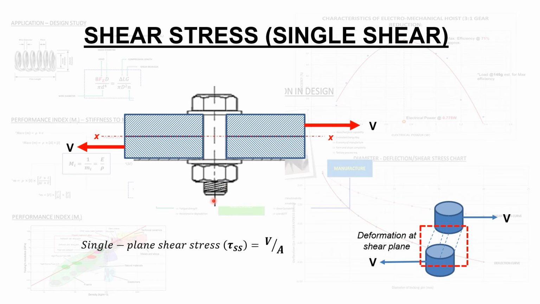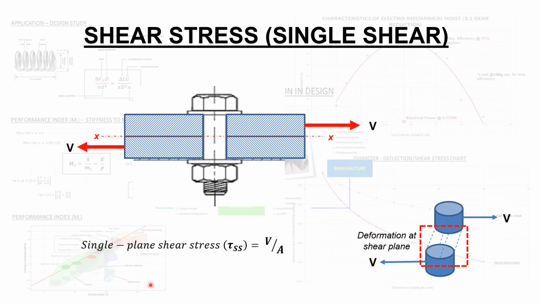So in the given diagram, we have a bolt which is clamping two plates of material together. The interface of the two plates creates a single axis of shear, and this is where it's likely to cause deformation or shearing across the cross section of the given bolt in the diagram. So this configuration provides a single shear plane.